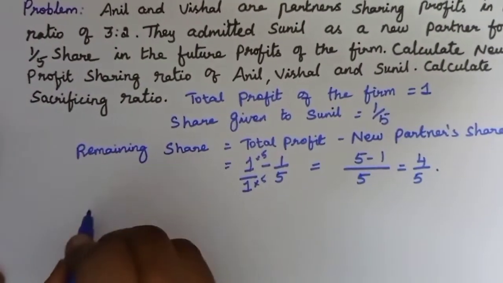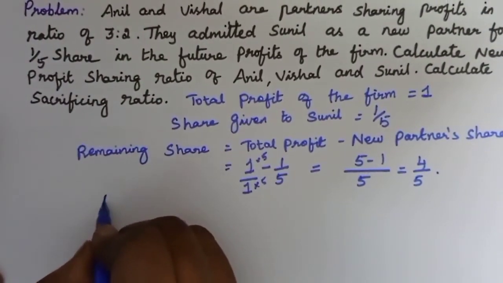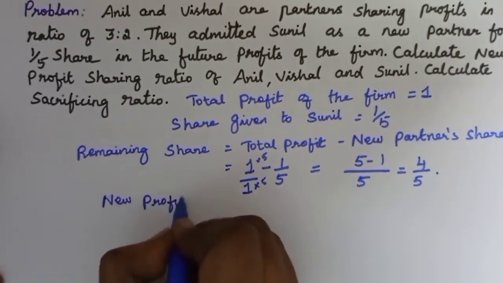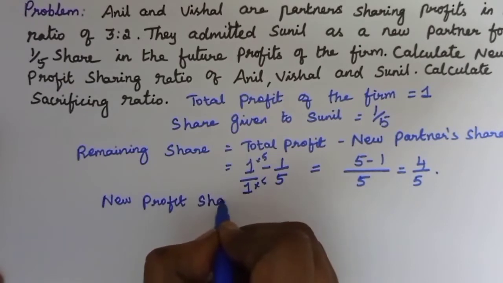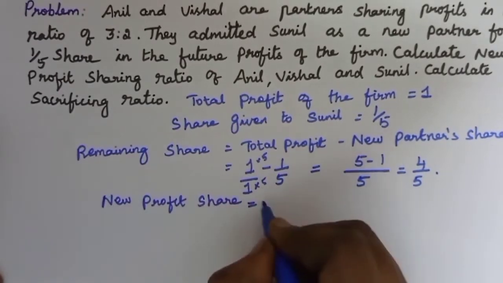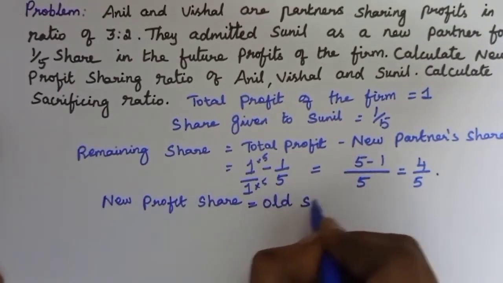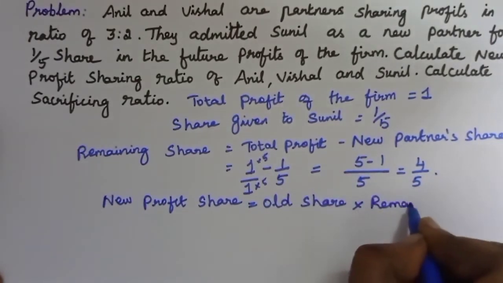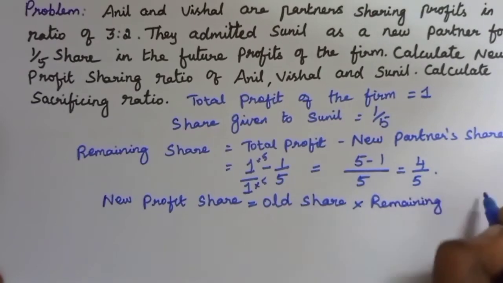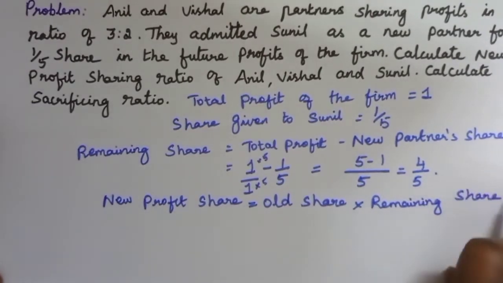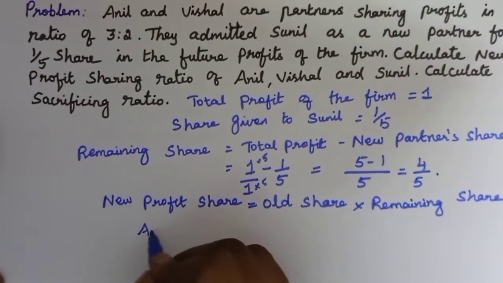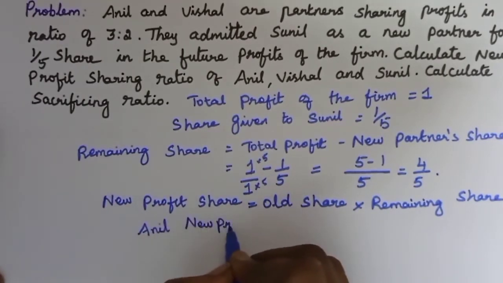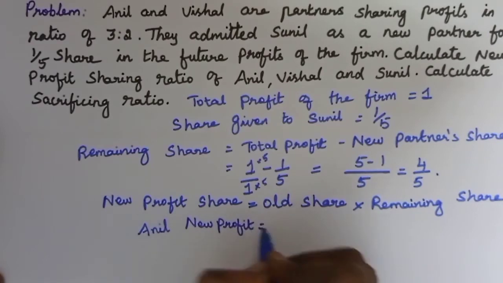Next, we have to find out the new profit share of the old partners. New profit share of old partners is equal to old share into remaining share. For partner Anil, new profit share is equal to old share.